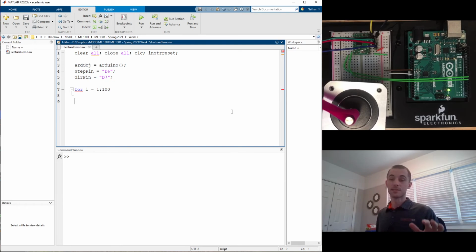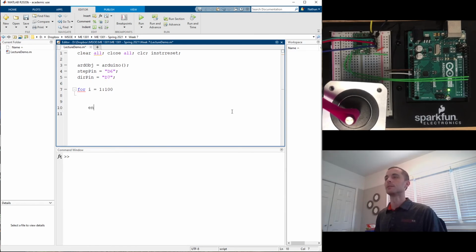So it's on the rising edge, meaning whenever we go from 0 volts up to 5 volts, we cause the motor to move one step. Let's do an end. We want to go from a defined low to a defined high. So we'll say Arduino object, write digital pin, and pass it the pin. Sorry if you can hear my kids in the background. We're going to tell the step pin that we want it to go to 0 volts, so we get a definite low.